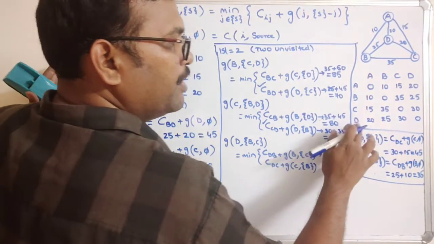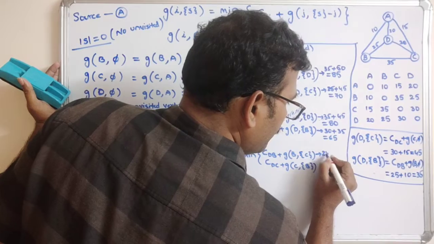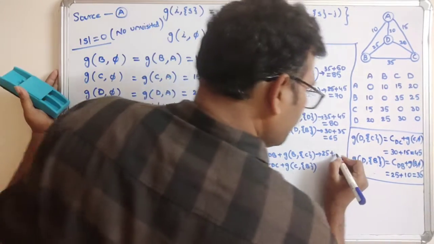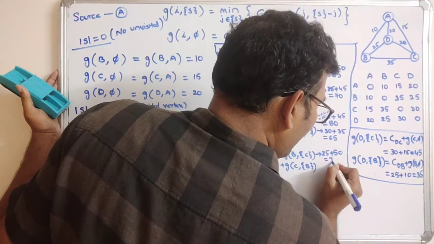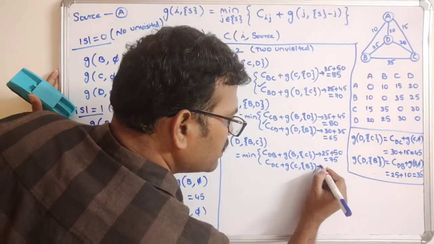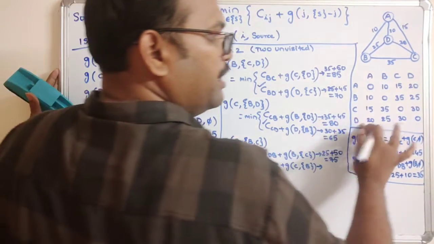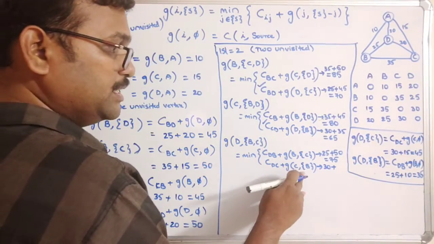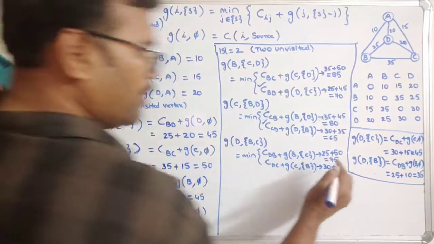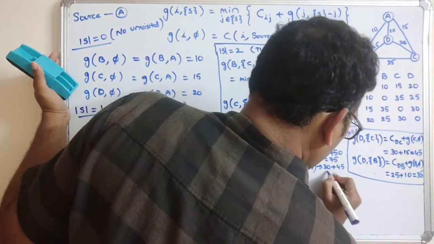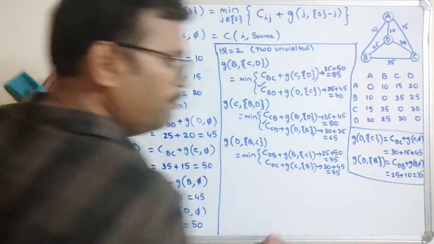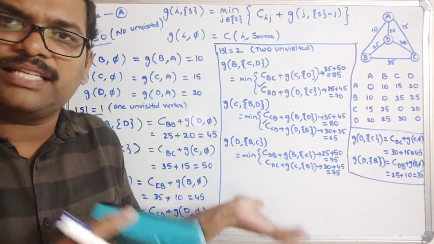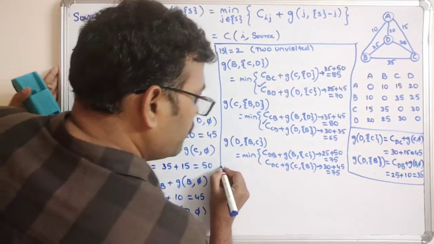Cost of DB is 25 plus BC cost is 50, 75. And here D to C 30 plus CB, which is 45, again it is 75. So both the edges have the same cost, so we can select any one edge, no problem.